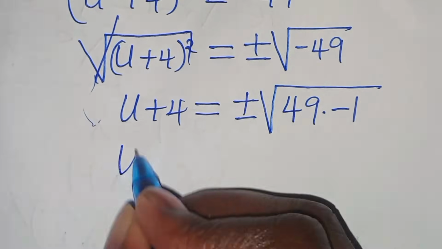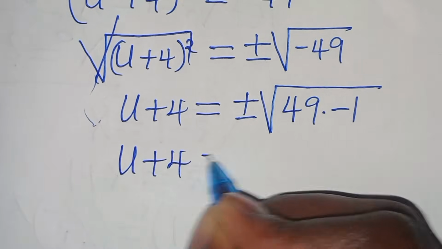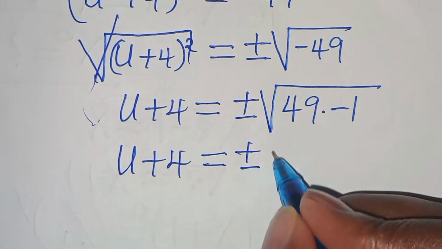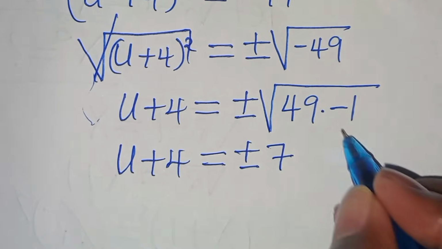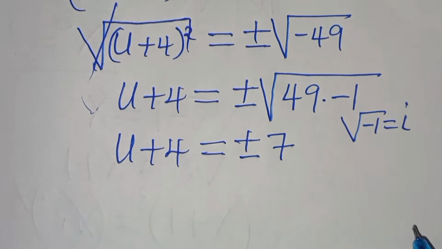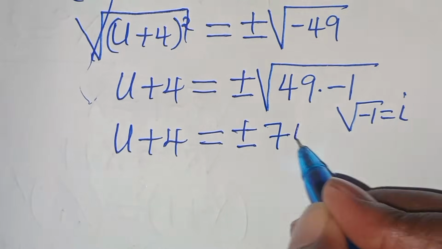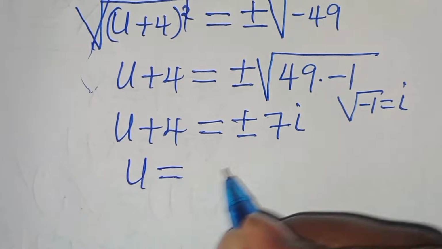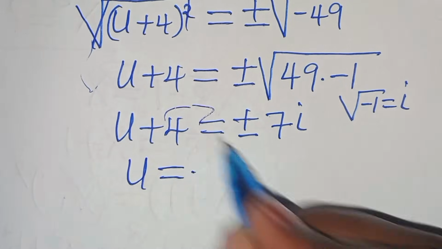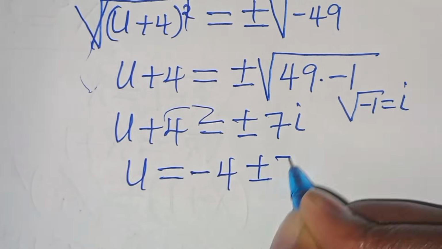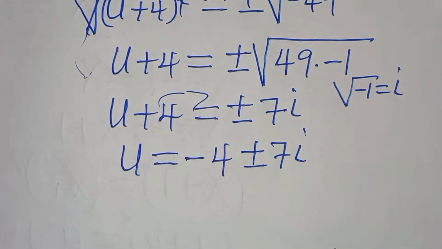So u + 4 equals plus or minus the square root of 49, which is 7, times the square root of negative 1, which is i. So we have plus or minus 7i. So u is equal to, taking +4 to the right hand side, -4 plus or minus 7i.